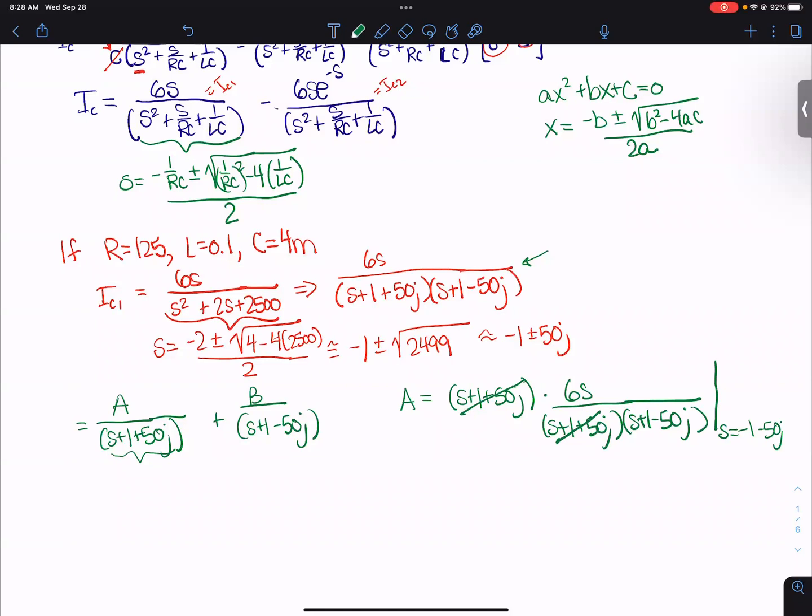So now when I put those in, I get 6 times -1 minus 50J all over S plus 1 minus 50J. Oh, sorry. Put that in.